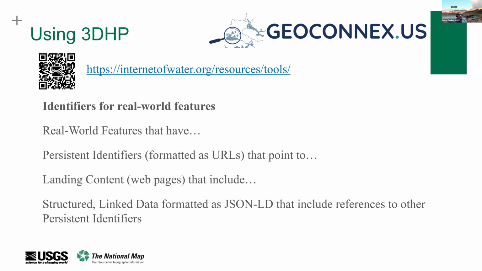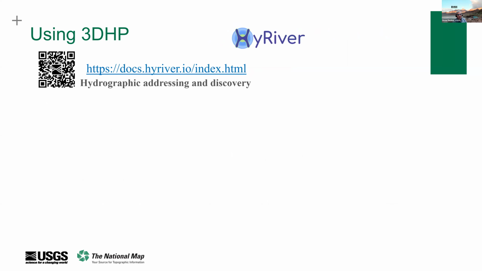And there are some tools for this. You can see the link at the top there, allowing some background information on this through the geoconnects.us site. The hydroclimate data retriever, or HydRiver, is a suite of Python packages and API that can be used for retrieving data from web services.